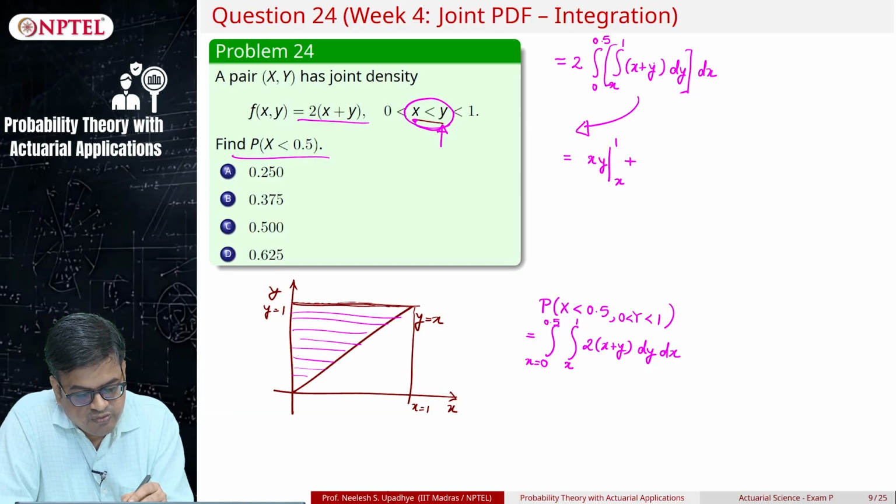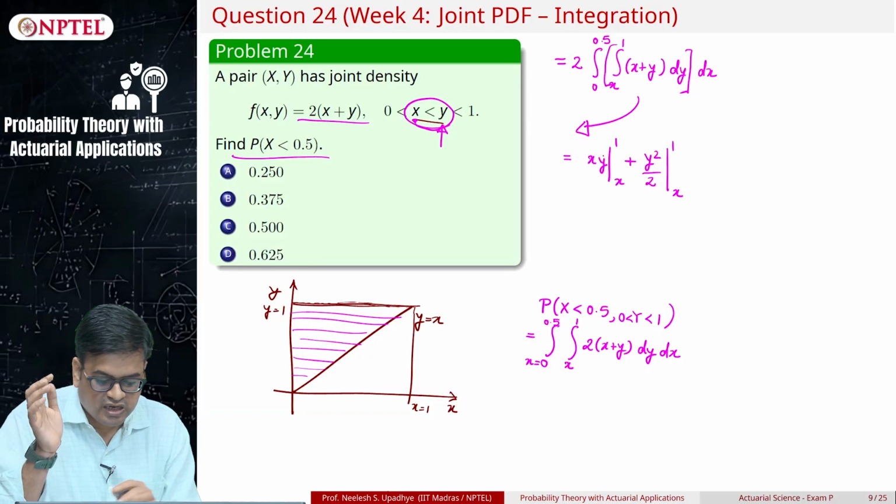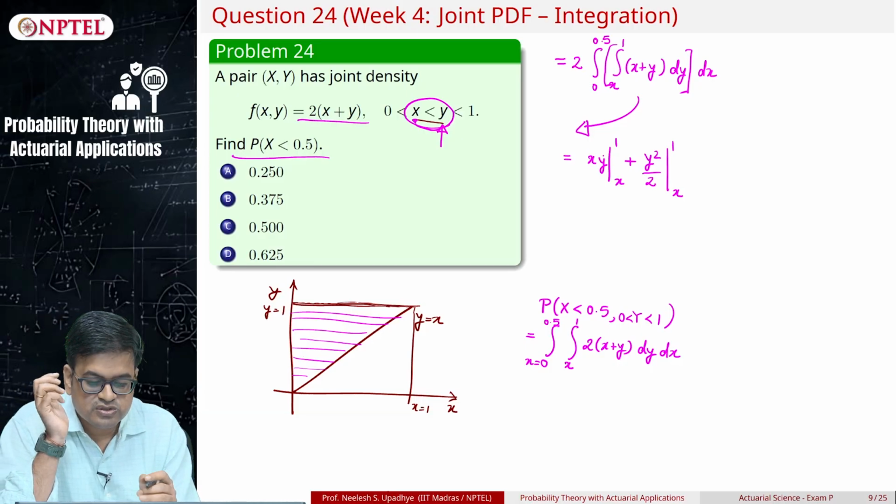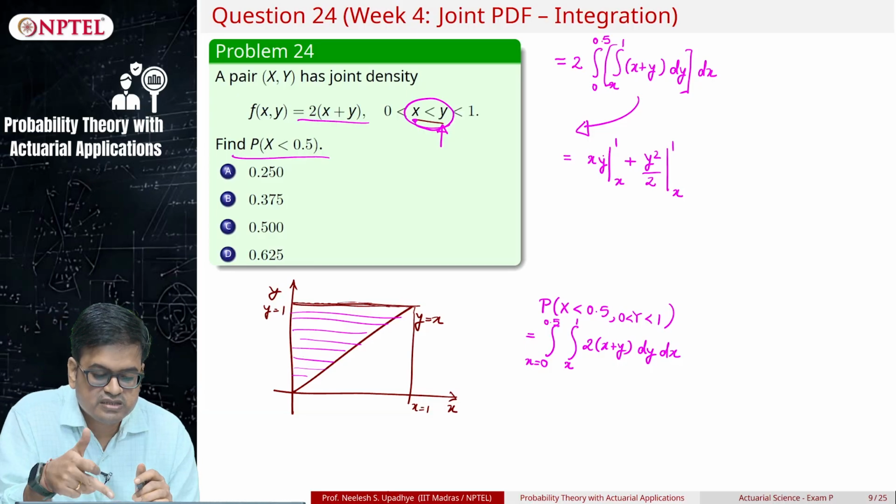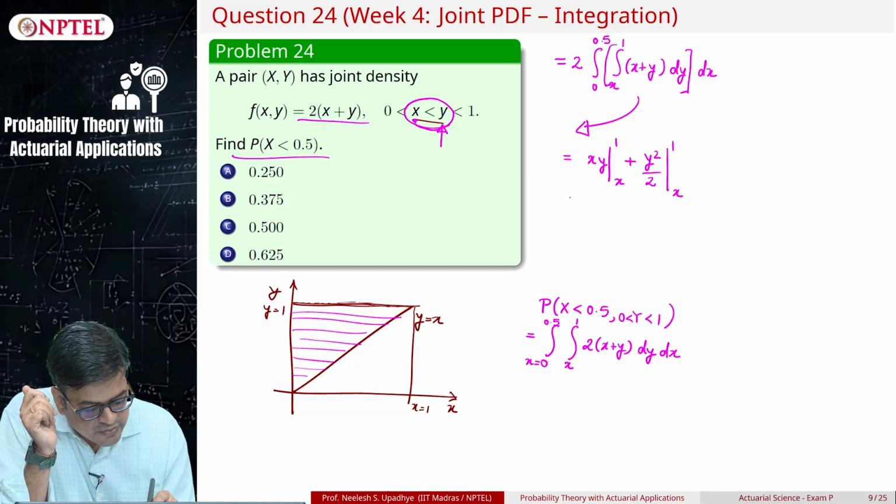What is the second term? Which is y. So, this will become y square by 2, and it is varying from x to 1, okay. And this is my inner integral. I will first solve that inner integral, so that I will get rid of y and then substitute everything in there, okay.